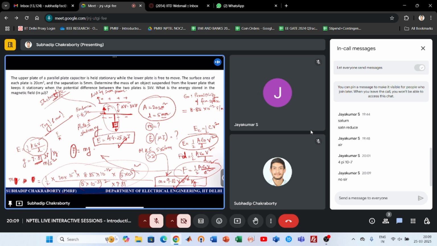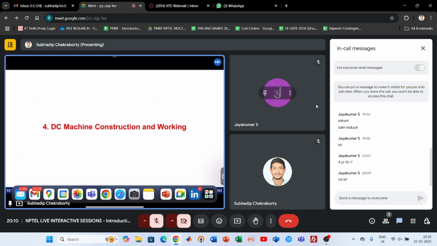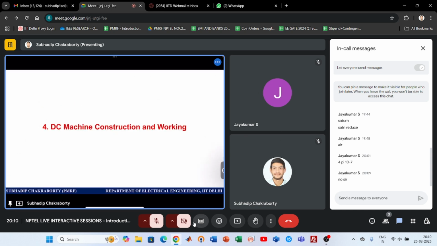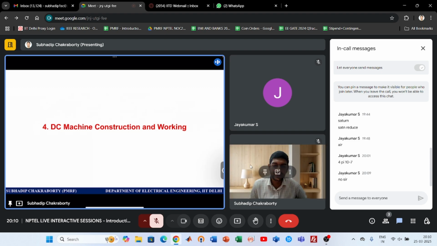So we go ahead with the DC machine. So we go directly into the DC machine construction and working, how a DC machine is working, right? You must have learned some from an electrical engineering background, must have gone through the DC machine. It is simply a machine where you do electromechanical energy conversion.